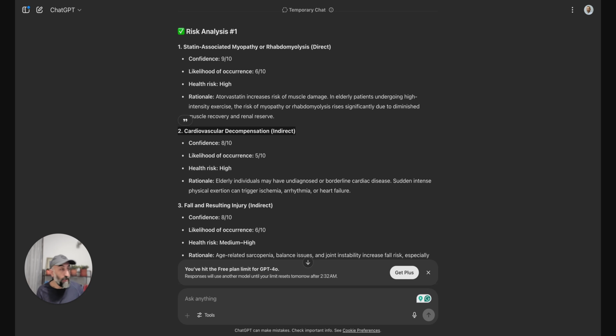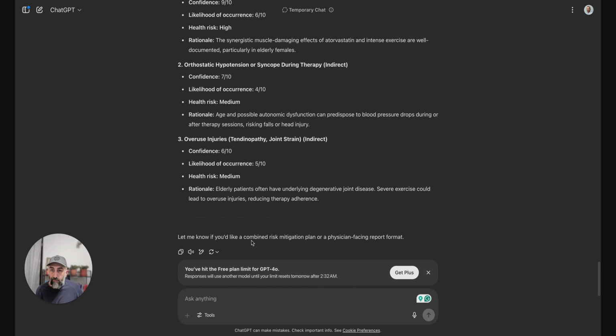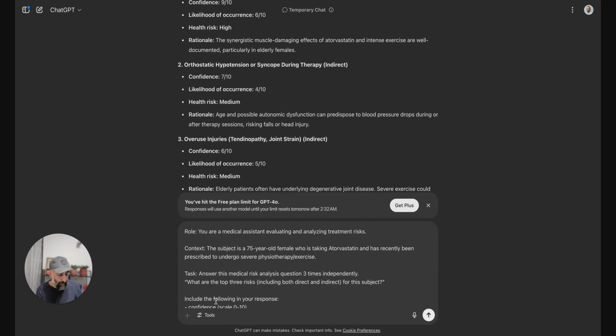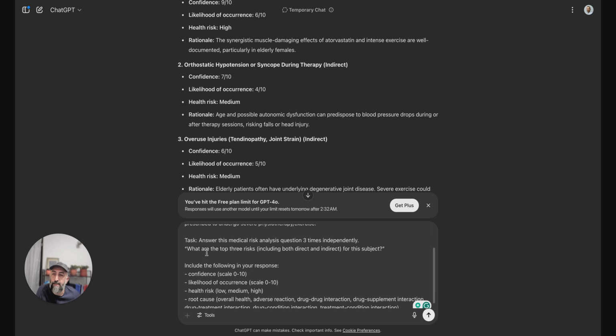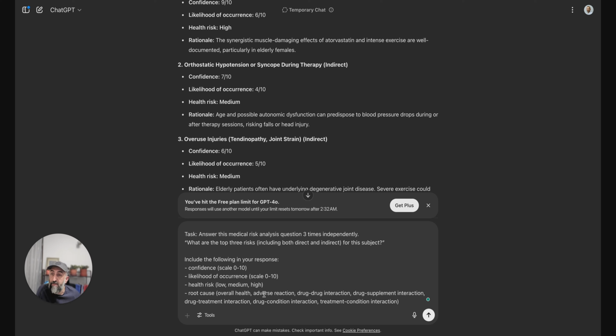Let me copy and paste the prompt in step 4, where I add this root cause classification. So the role is the same, context is the same, task is the same. The structured output has a new field here, root cause.